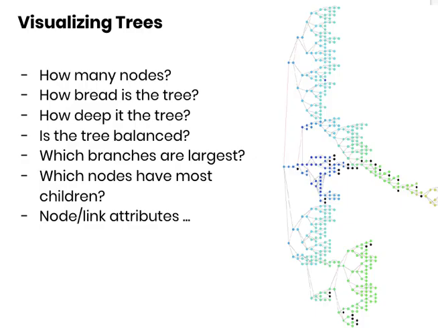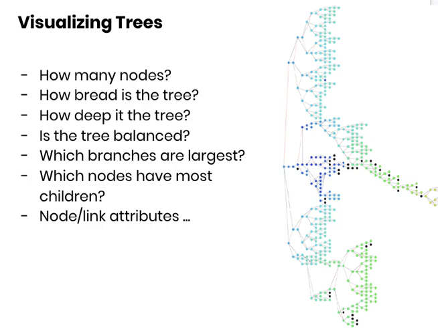So in trees, we can ask questions, we can support tasks around finding specific nodes, for example, finding the children of a specific node, following chains, figuring out how many nodes we have, how broad our tree is, how deep the tree is.